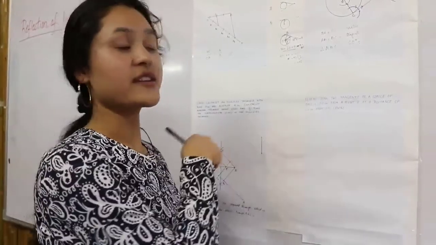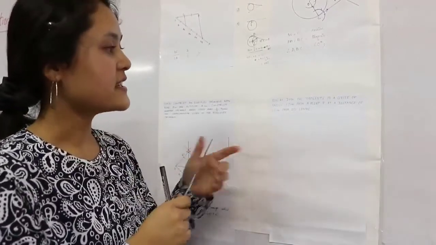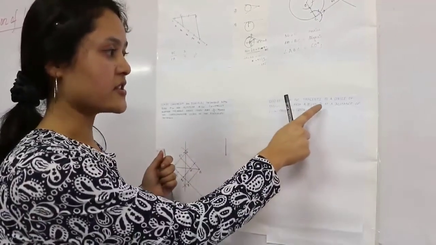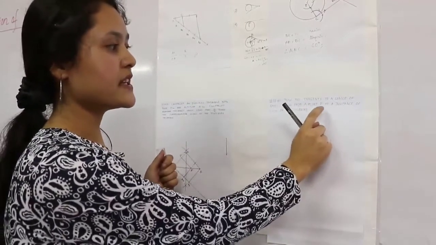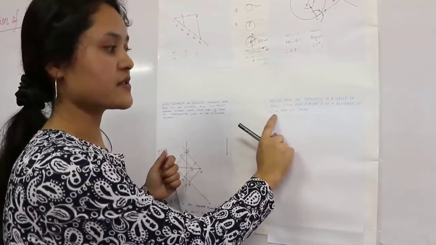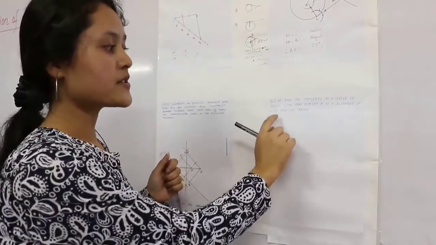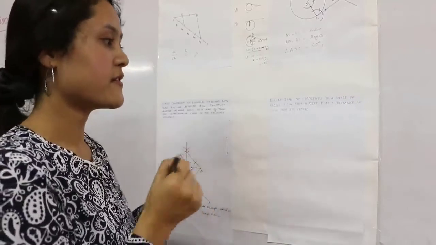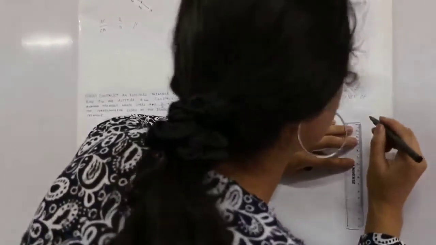Now we'll move on to question number 3 from the same exercise 11C. The question is, we have to draw two tangents to a circle of radius 3.5 from a point P at a distance of 6.2 cm from its center. First of all, we will draw a circle of radius 3.5. So as before, just mark on the rough side 3.5 cm.